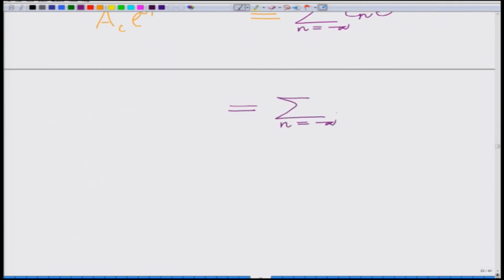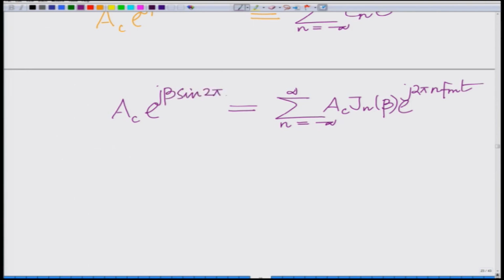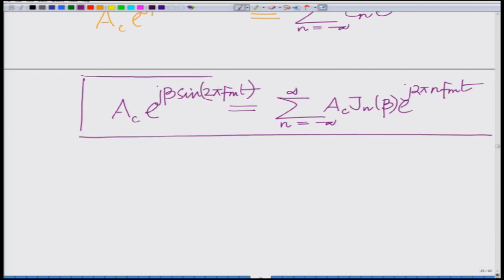So, this becomes the summation n equal to minus infinity to infinity of Ac Jn of beta e to the power of j 2 pi n fm t. This is basically the expression of the discrete Fourier series of the complex baseband equivalent signal of the passband FM signal.